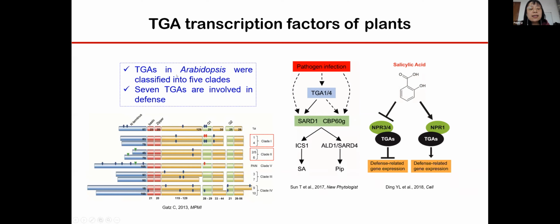There are 10 TGAs in Arabidopsis, and these were classified into 5 clades, among which the functions of clade 1 and clade 2 in different plant defense pathways have been well reported. The clade 1 members TGA1 and TGA4 regulate the biosynthesis of SA and pipecolic acid. The clade 2 members TGA2/5/6 are involved in SA signaling.